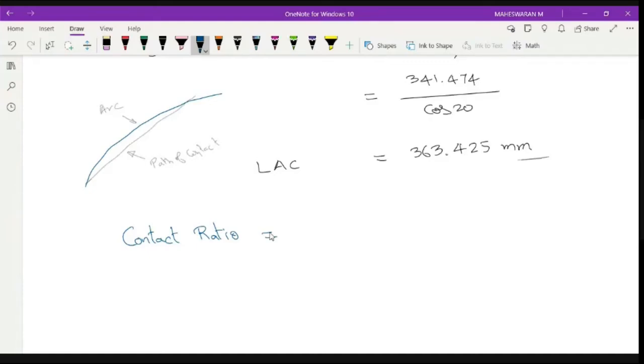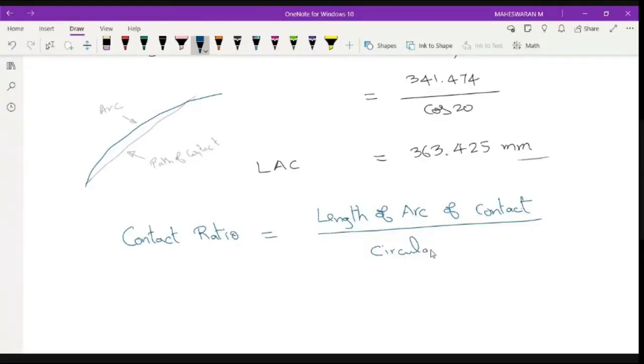It is nothing but your length of arc of contact divided by your circular pitch.